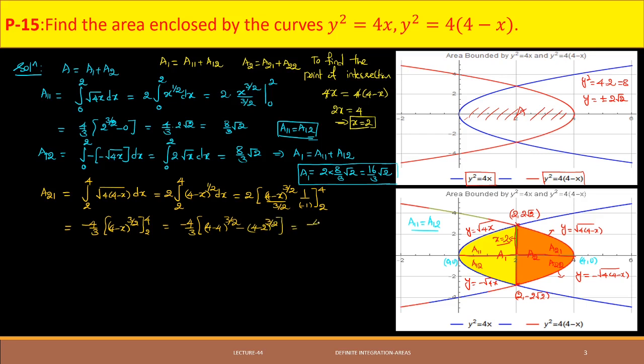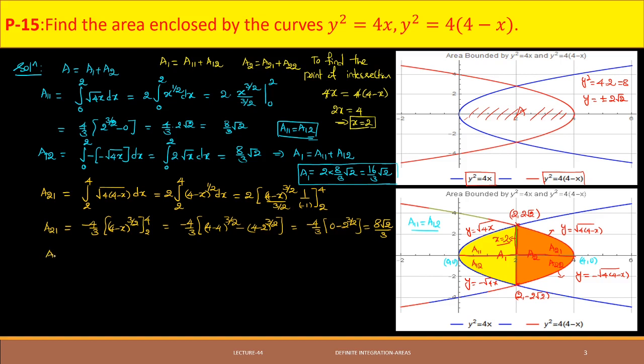So that is equal to minus 4 by 3 into 0 minus 2 to the power 3 by 2, which is minus 4 by 3 into 2 root 2. So this is 8 root 2 divided by 3. So area A21 is equal to 8 root 2 by 3.